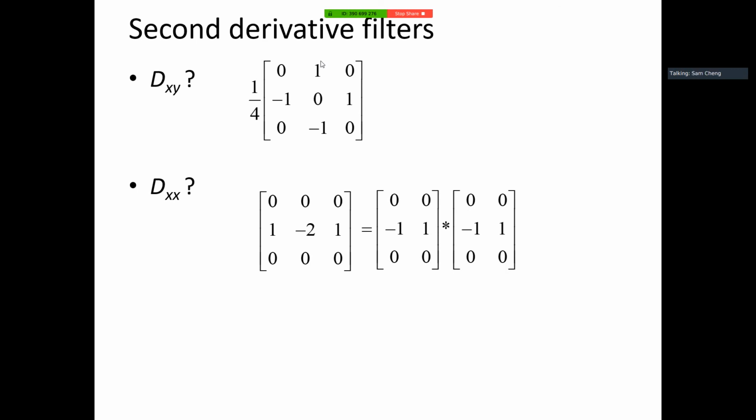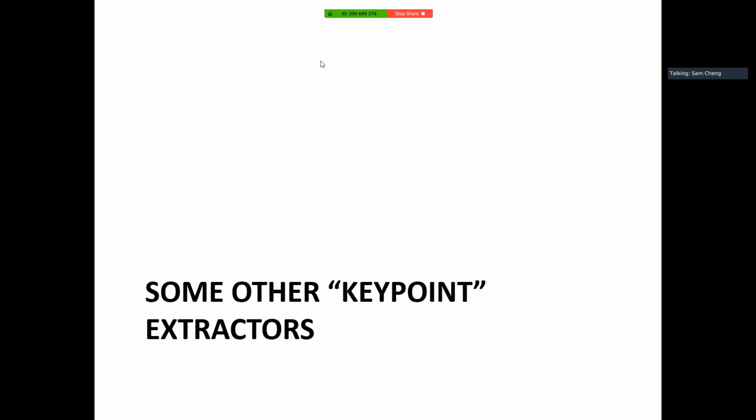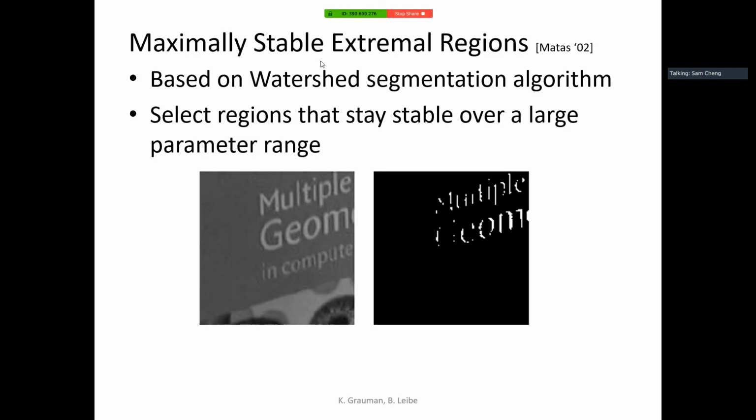Of course, this is only the key point extractor part, like extracting the key point, but we didn't talk about the descriptor yet. So just mention a couple of other key point extractors, like this method called maximally stable extremal region. As the name suggests, what it does is just do a watershed segmentation.